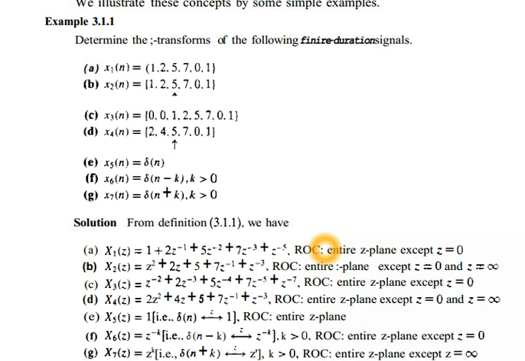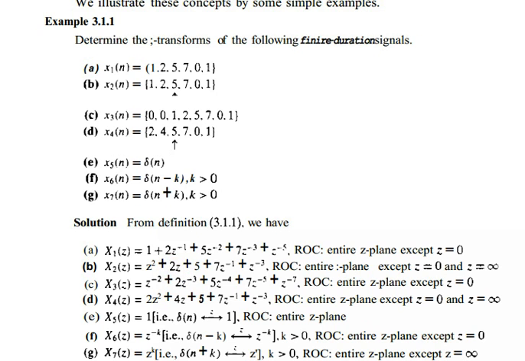In this case the region of convergence is the entire z plane except at z equal to 0. What happens when z is equal to 0? For example, here it's 2 into z raised to minus 1, which equals 2 divided by z raised to 1.